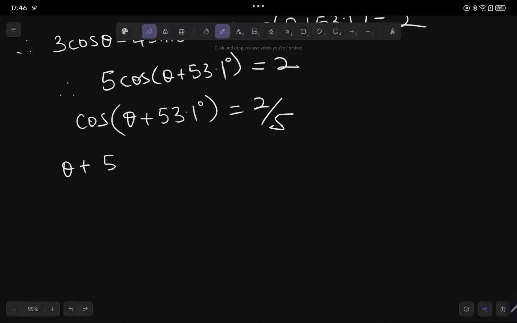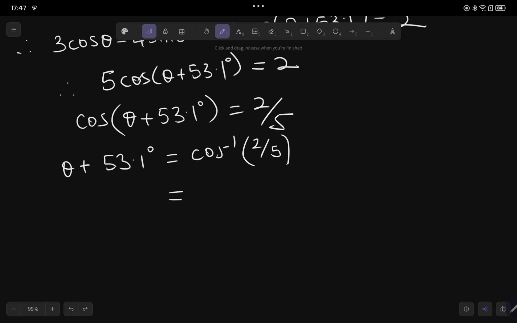Theta plus 53.1 degrees is the cos inverse of 2 out of 5.